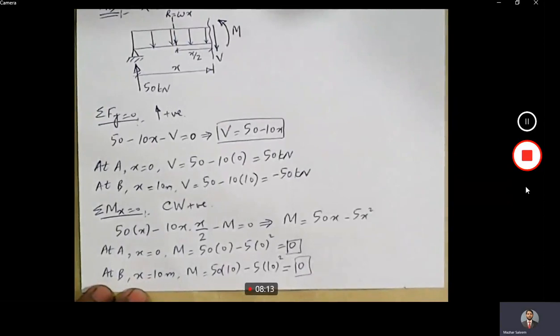So we have moments and shear forces for the entire length of the beam. Now let's start drawing shear force diagram and bending moment diagram.